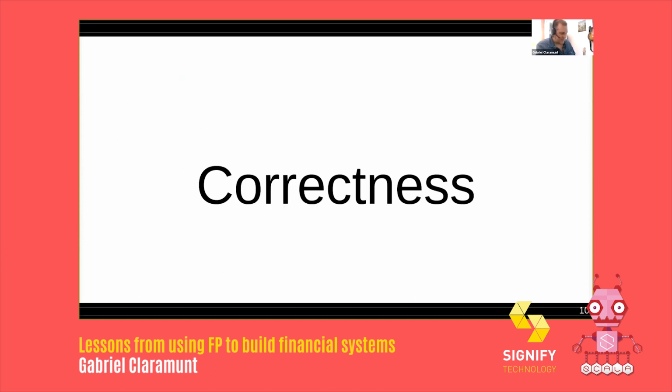And let's go a little into each topic. In this case, correctness is one of the most important things. I want to trust my code. I want to be able to say, basically, if it compiles, it works.